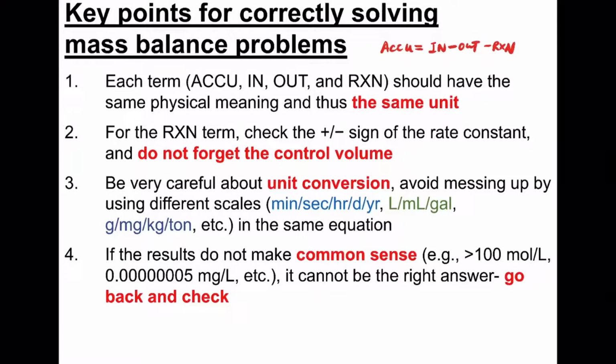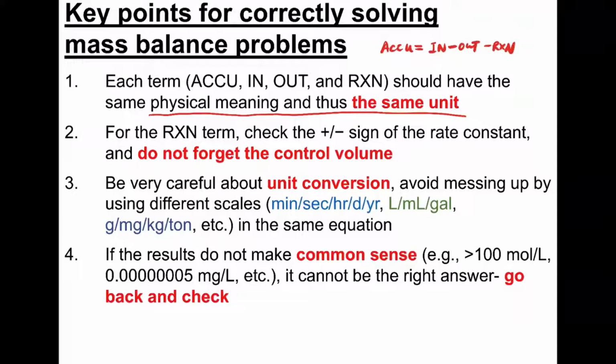There are some important points I want to point out. We want to make sure that each term has the same physical meaning and the same unit, whenever you use this equation to solve certain engineering systems.